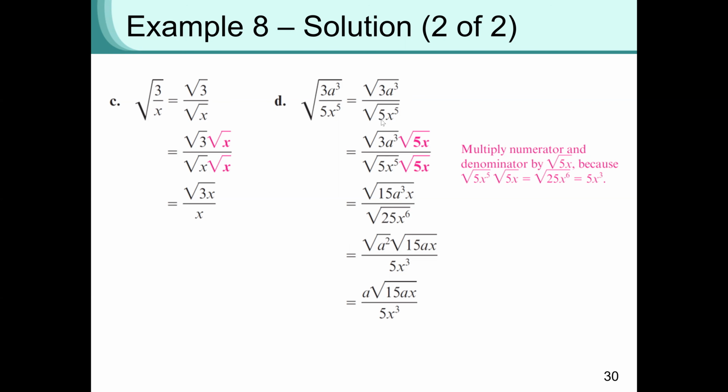So we multiply 5x, and that will give me 25x to the power 6. 5 squared is 25, so we take the radical sign away. For the 6, we get half times 6, left with 3. And at the top, we just multiply everything.